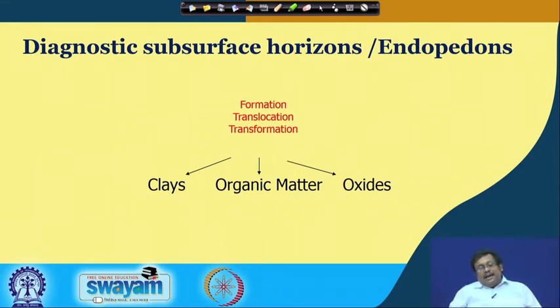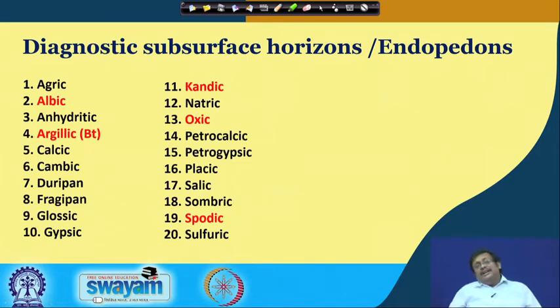So, when clay, organic matter and oxides translocate from one part of the soil to another part, and when they transform from one form to another form, then they create these diagnostic subsurface horizons or endopedons. So, there are 20 endopedons. I have given the names here.